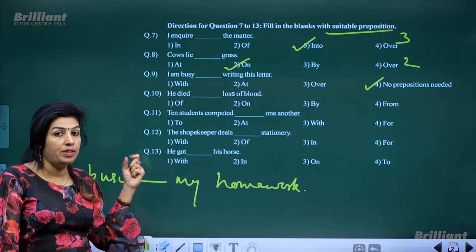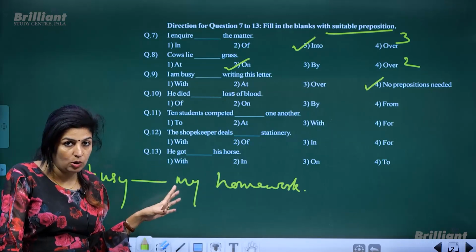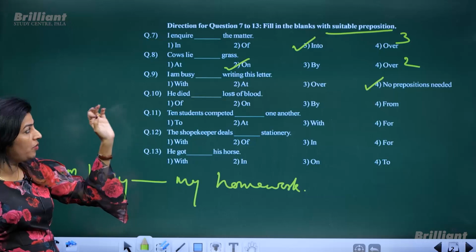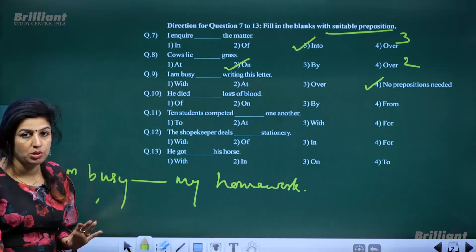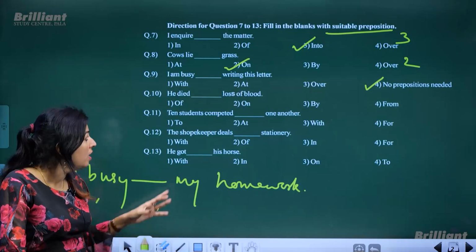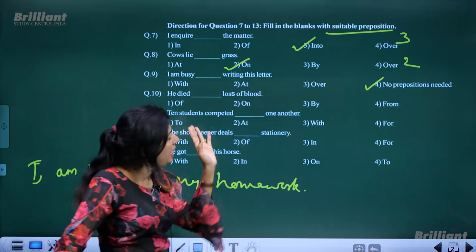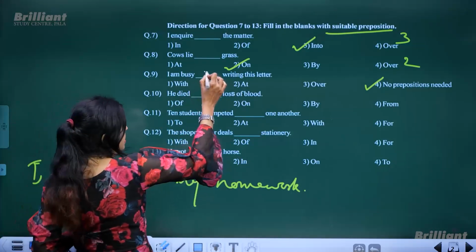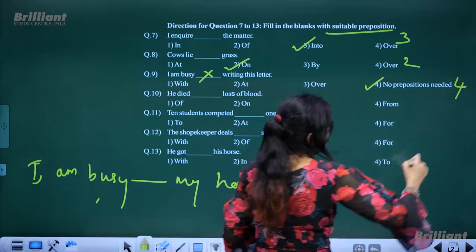If it is doing my homework, with ing, no preposition required. So where you have the ing form of the verb given with the word busy, there is no need to use any preposition. So I'm busy with writing this letter is wrong. Instead it should be I'm busy writing this letter. No preposition is required. So it is option number 4, no preposition required.